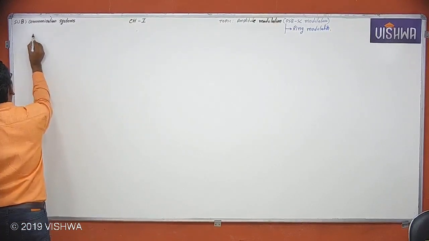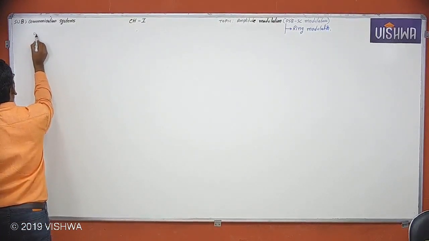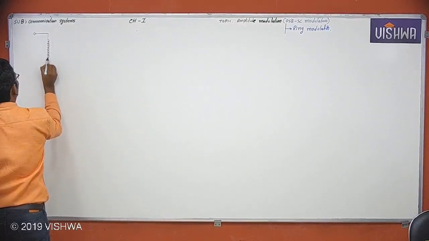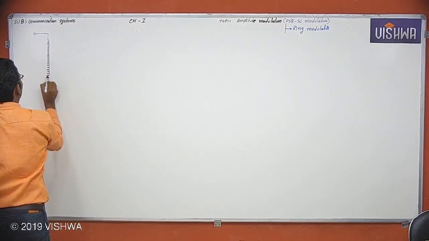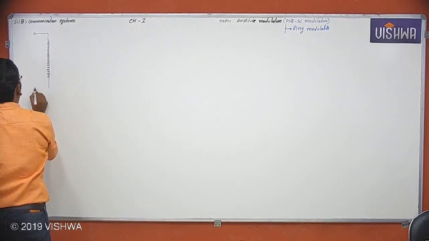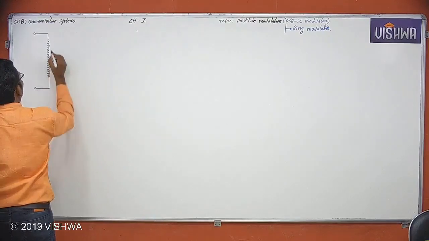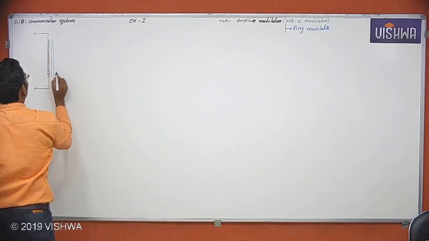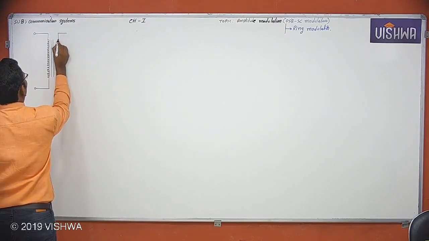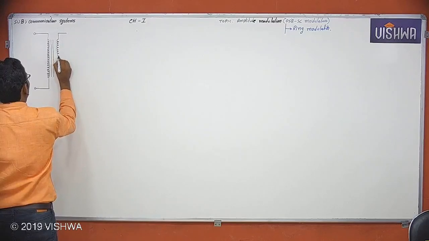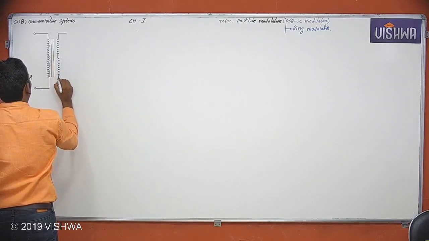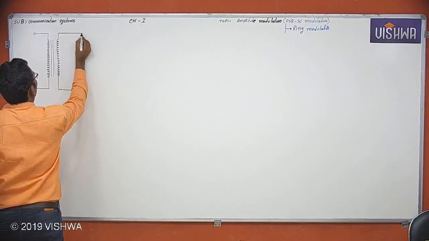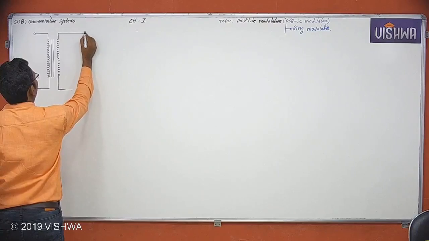Now here there are two center tap transformers which are used here. Now there are four diodes used here.